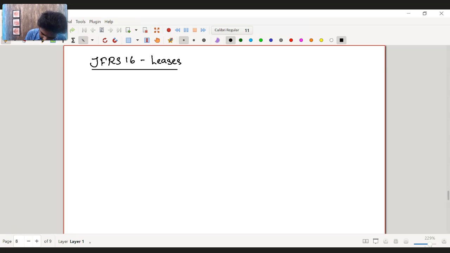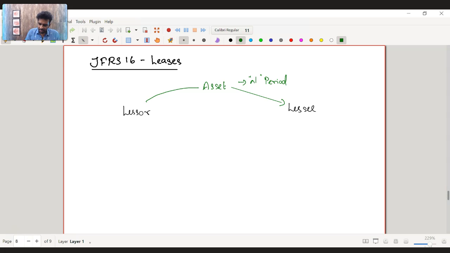Leases have two parties. One will be a lessor and another will be a lessee. Lessor will give the lessee an asset for the lessee to use for a specific period of time, so there will be n number of periods. In return, the lessee will pay the lessor lease payments every year for the same period.